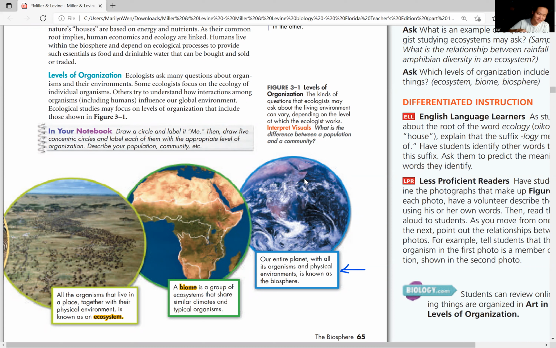So what would be a biome? A biome is like 2 fish tanks, 3 fish tanks. Maybe you have the same type of fish tank as your friend, and these 2 fish tanks together make a biome. So what is a biosphere?